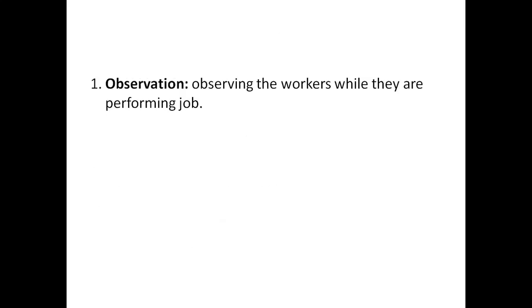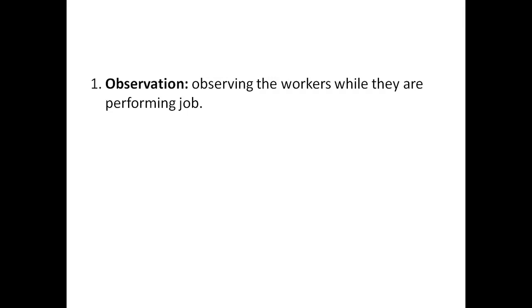The first one is the observation method. In the observation method, the analyst observes the workers while they are performing their job in the plant. Using normal observation procedure, the observer collects data on job description right on the job. People may behave differently when they know they are being watched.